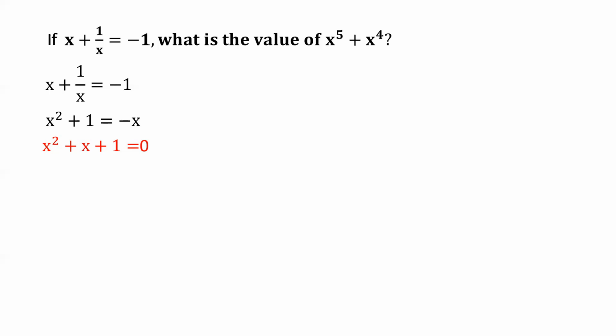So what do we do from here? Well, one thing that we know is x is not equal to 1, because if we substitute 1 into what we were given, we get x plus 1 by x equal to 2, and that doesn't equal minus 1.